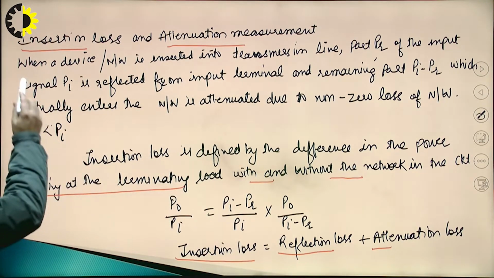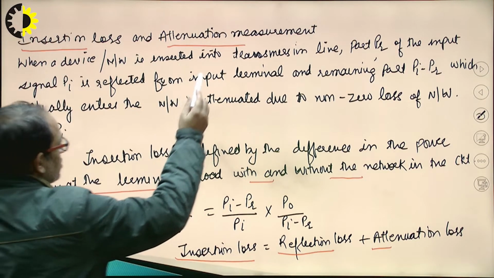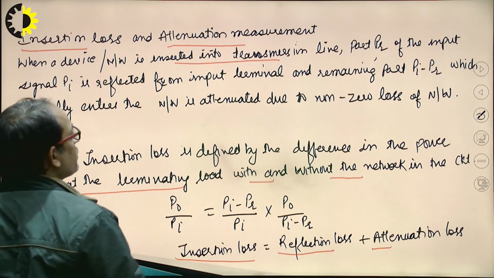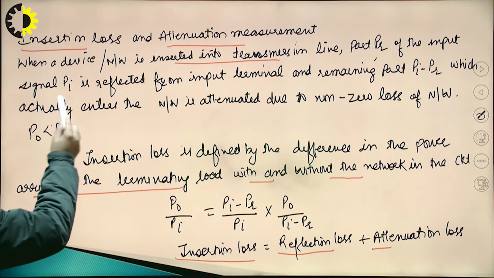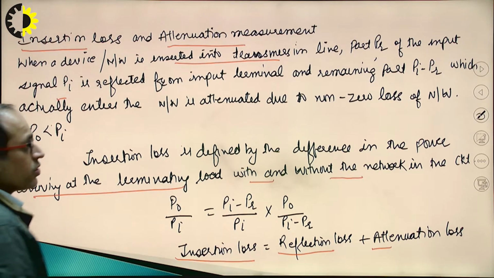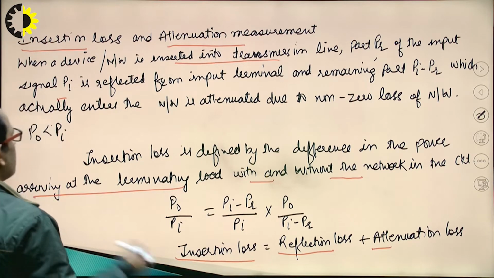Now see, when a device is inserted into a transmission line, a part PR of the input signal is reflected from the input terminal, and the remaining Pi minus PR actually enters the network, which is attenuated due to the non-zero loss of the network. Clear?